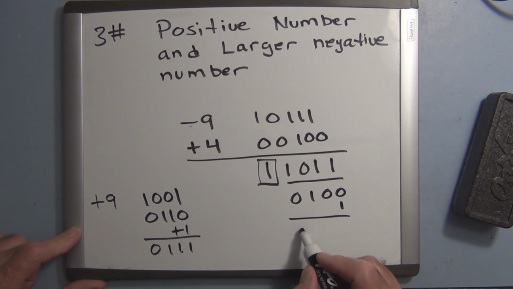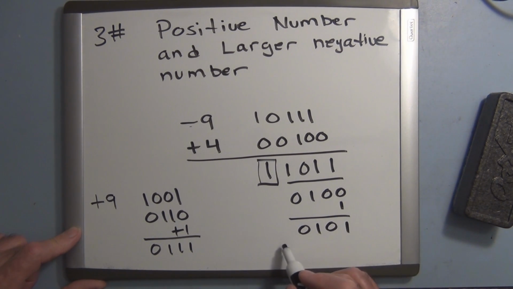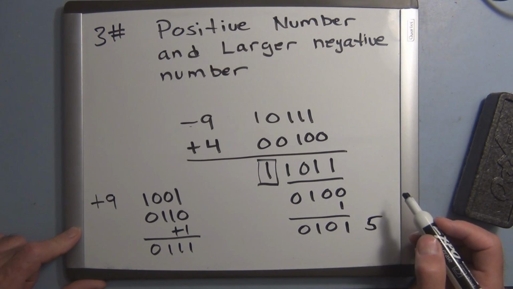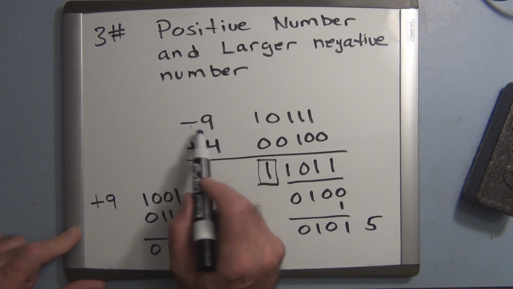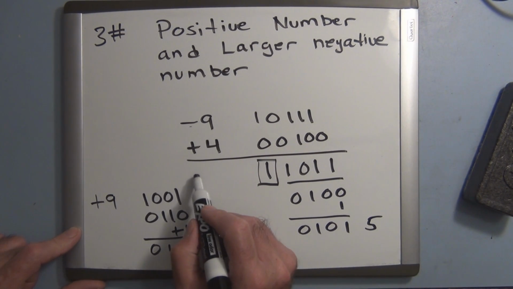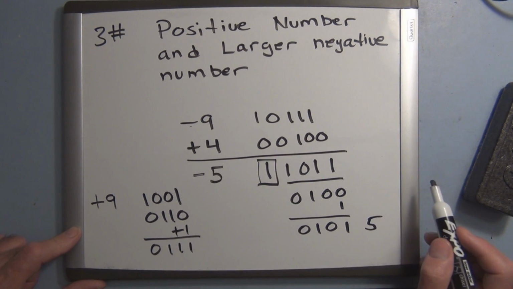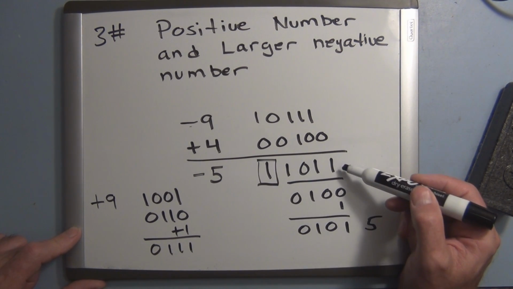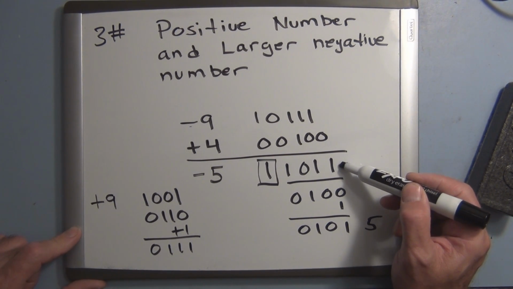So in fact, what we have here is 0, 1, 0, 1, which is 5, which in fact, minus 9 plus 4, is minus 5. So we have the 1 in the sign bit telling us that this is in the 2's complement form.